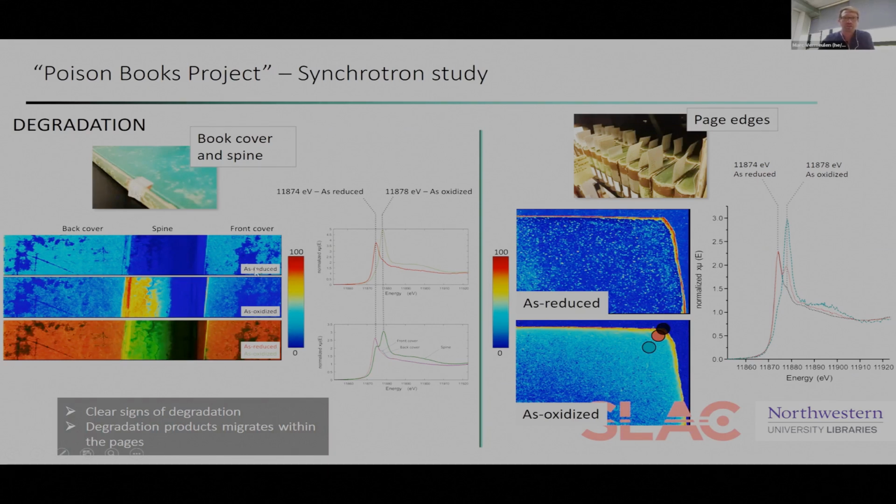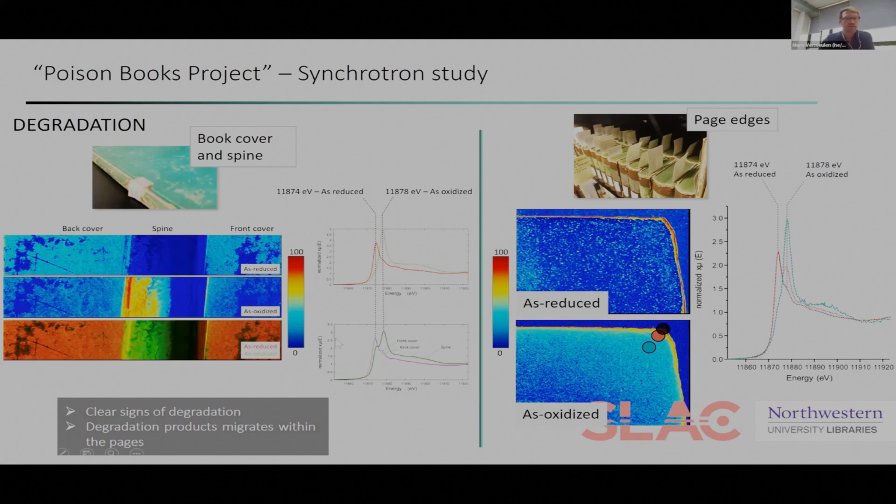And so you can see at the top of the three images is the reduced form of the arsenic, so the non-degraded pigment. The middle image is the oxidized form, so the degradation product of the pigment. And the bottom one is just the two overlaid to see exactly their distribution.